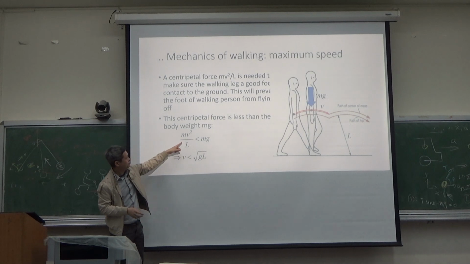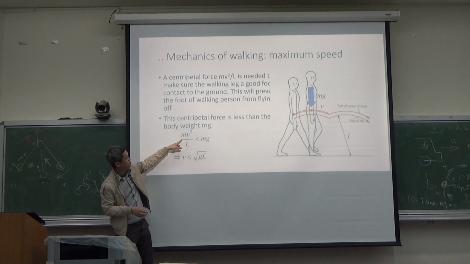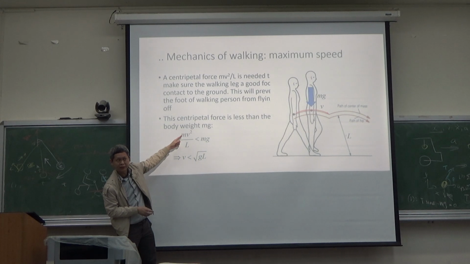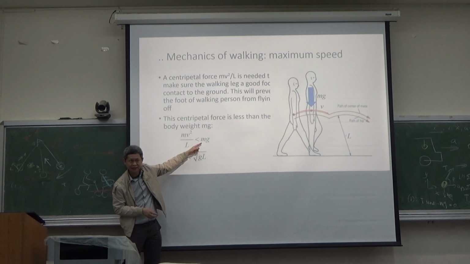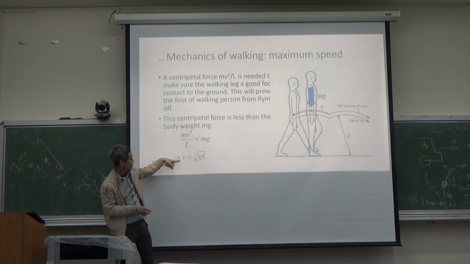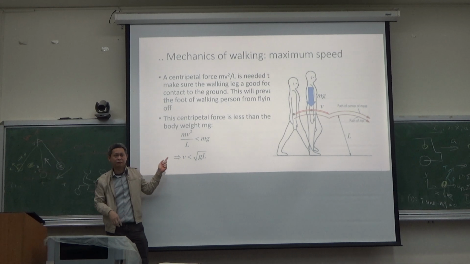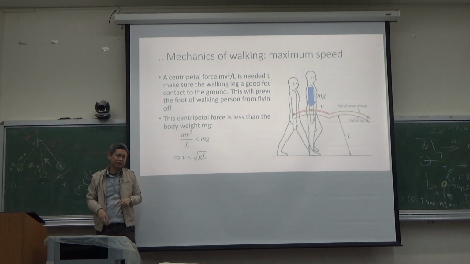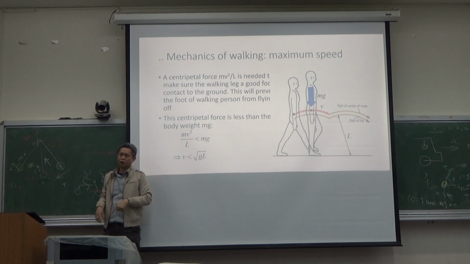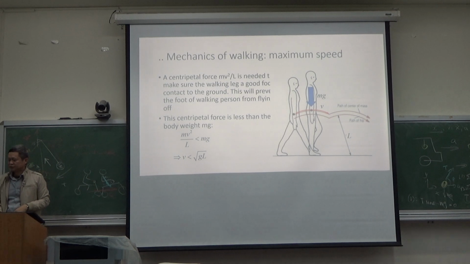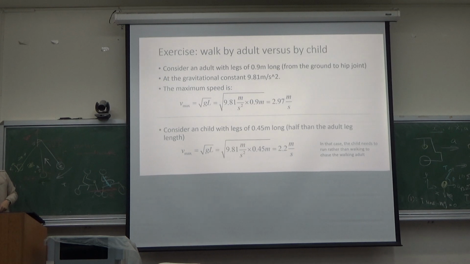So as a result, your maximum moving speed must be obtained from the condition that the centripetal force must be less than the weight. This condition happens when the forward tangential velocity is less than the square root of g over l.